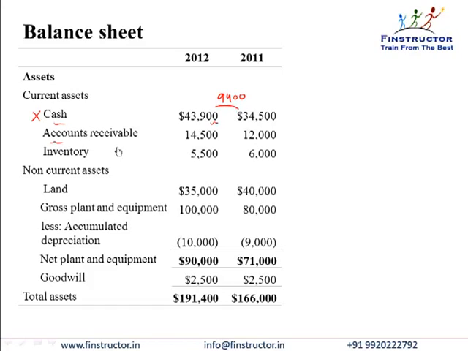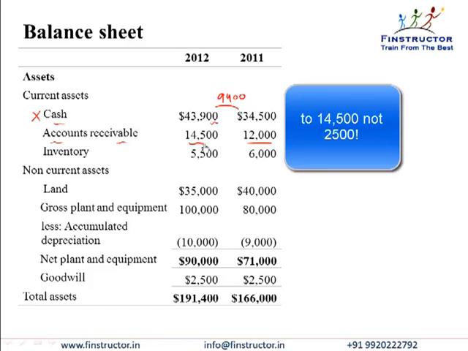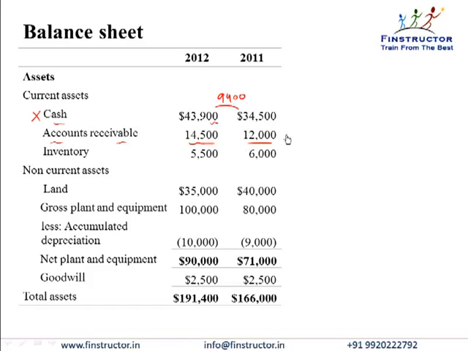The accounts receivable, the next item we see, has gone up from 12,000 to 2,500. It means that another $2,500 of sales has not come in the form of cash or is pending with customers.